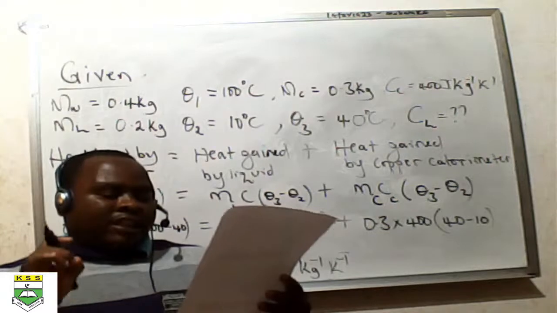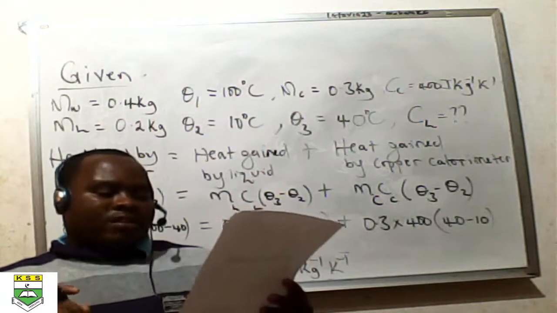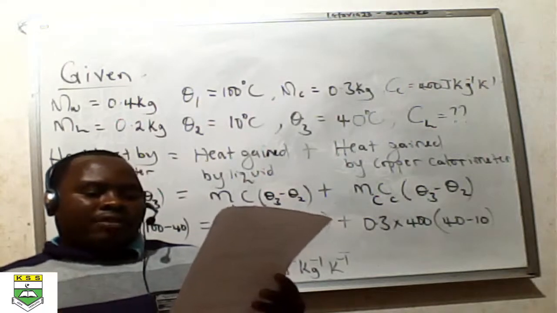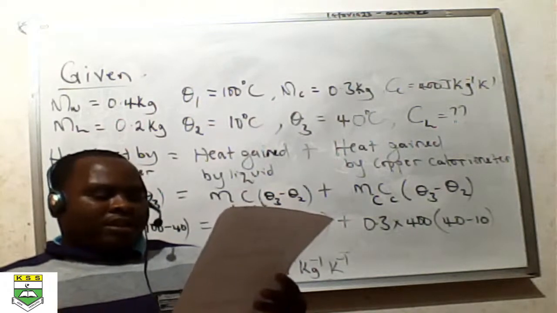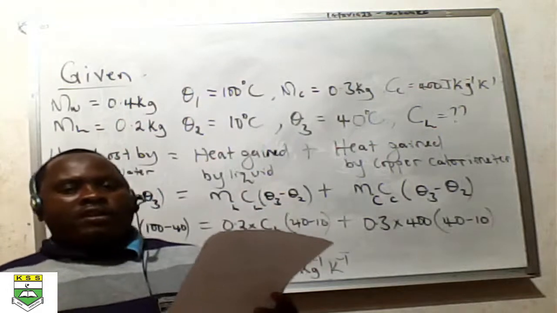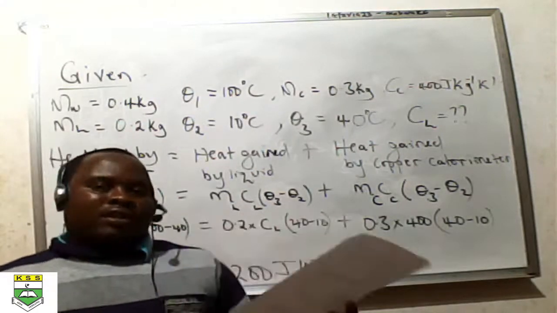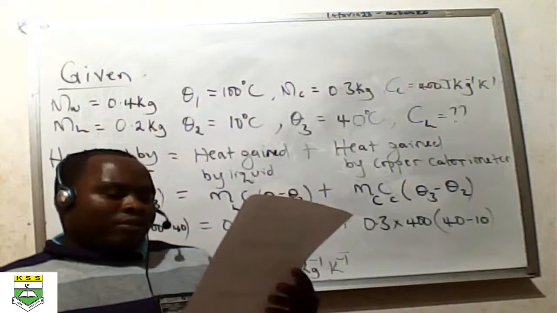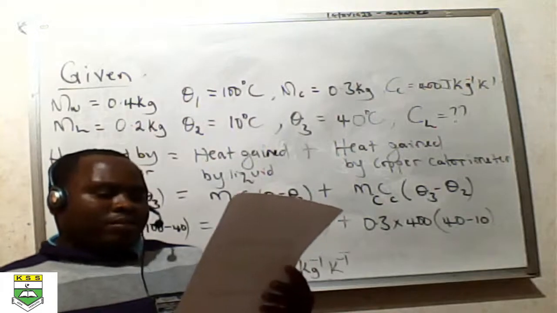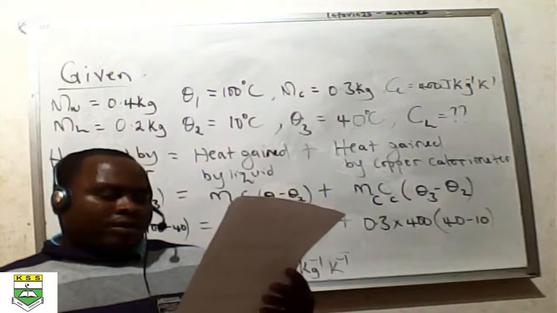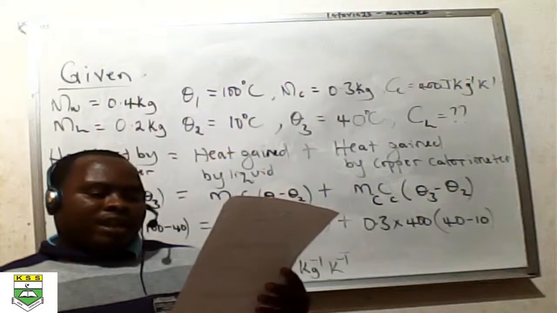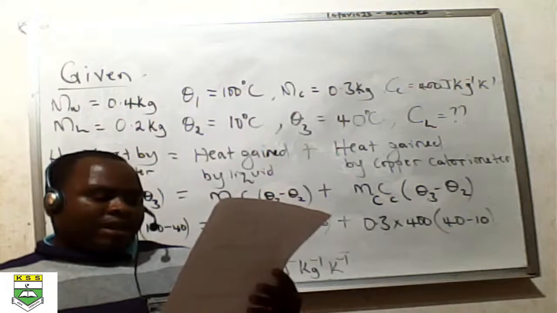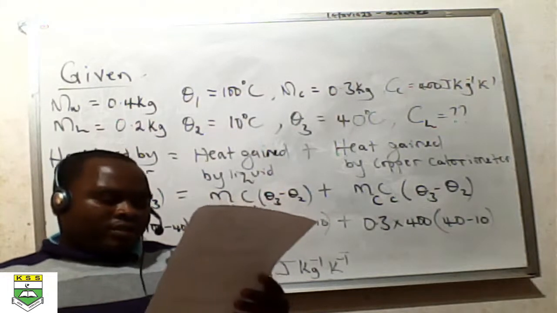A 15 watt heating coil is immersed in 0.2 kilograms of water and switched on for 560 seconds, during which time the temperature rises by, and when they say the temperature rises by, that is already a temperature change. Then when this water was replaced by another liquid of mass 0.15 kilograms, the power required for the same time was 8.3. Now we should calculate the specific heat capacity of this liquid.